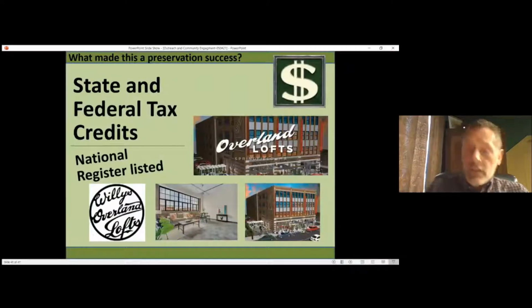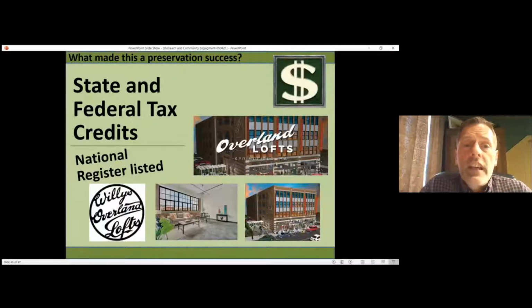Of course, that wasn't going to really save the building. You couldn't demolish it, but it was going to sit there derelict unless somebody came forward with the ability to find an adaptive reuse for it. That's where the state and federal tax credits came in as well, and that goes right back to the National Register listing from 1983.